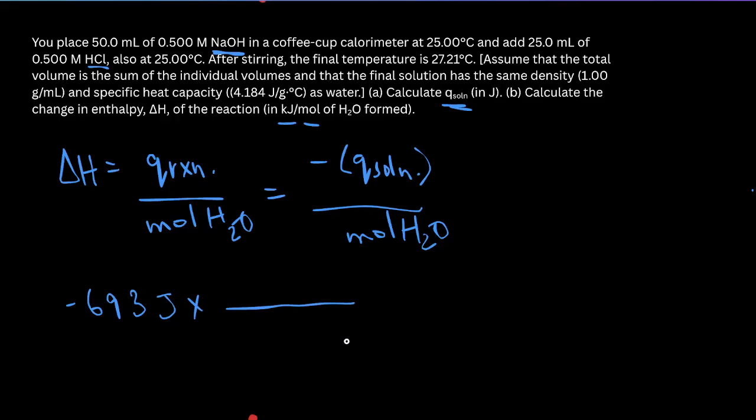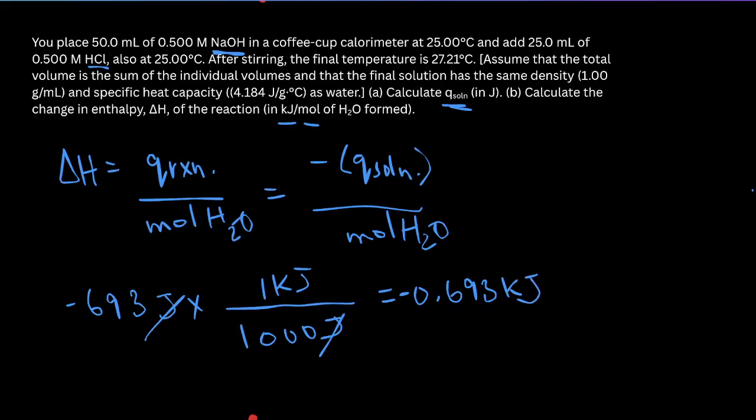And we can do so simply by saying that every 1 kilojoule has 1,000 joules, oh, excuse me, sorry, that's my bad. And so by canceling out our units of joules, we get our answer of negative 0.693 kilojoules.